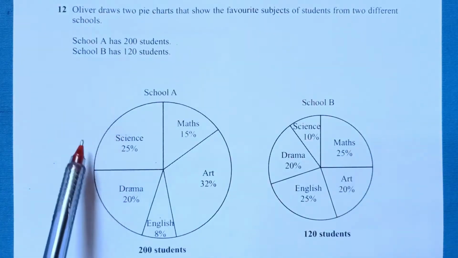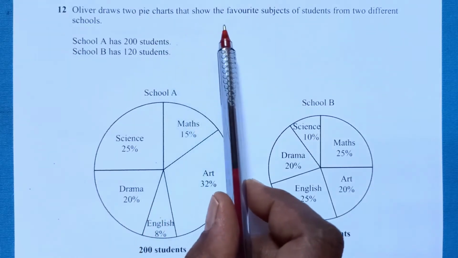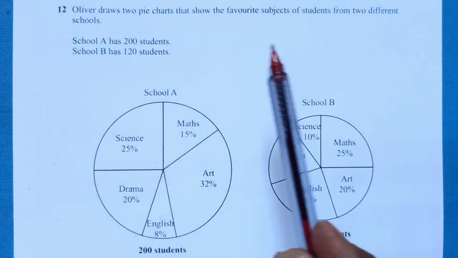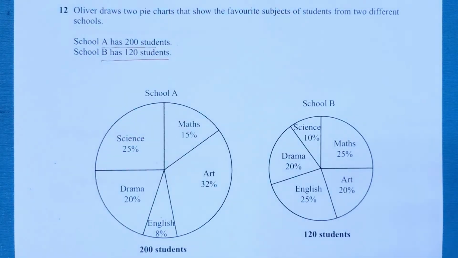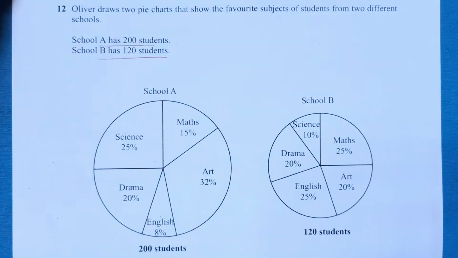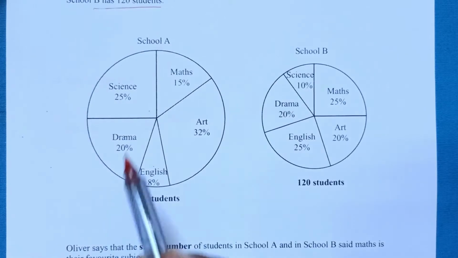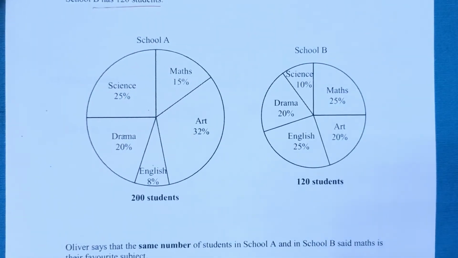Question number 12. Olivier draws 2 pie charts that show the favorite subject of students from 2 different schools. School A has 200 students and school B has 120 students. Here is the pie chart for school A with the 200 students, and for school B with 120 students.